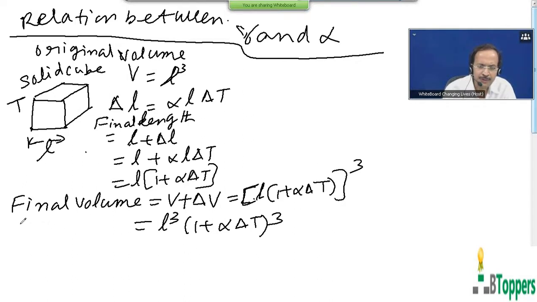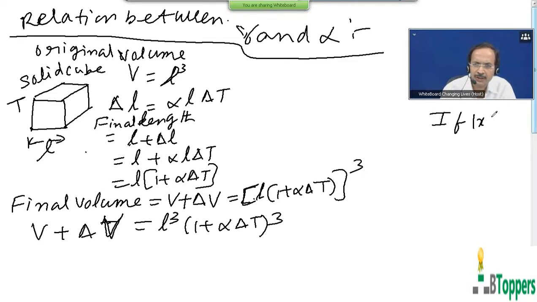So on the left side you can write the original volume V plus delta V, the final volume. Because we use the approximation based on the binomial theorem.